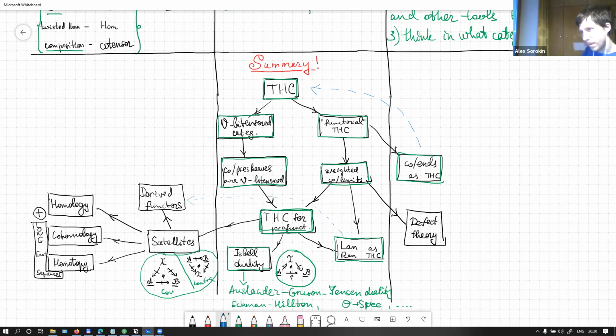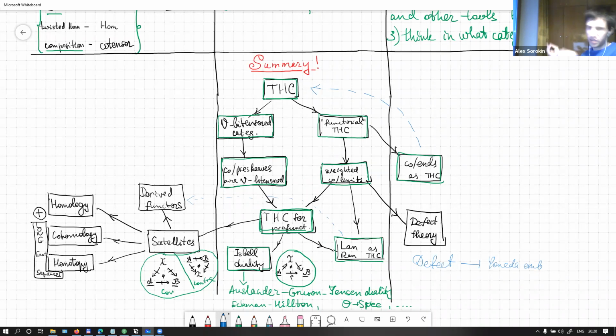The one thing that I haven't mentioned is so-called weighted. It's a derived notion from weighted limits and colimits. It's called defect theory. So defect is a left adjoint to the Yoneda embedding. Yoneda embedding increases our realm from categories to functor categories.